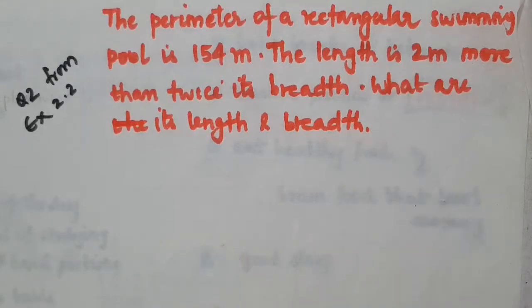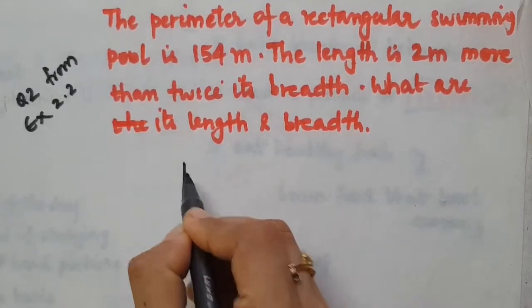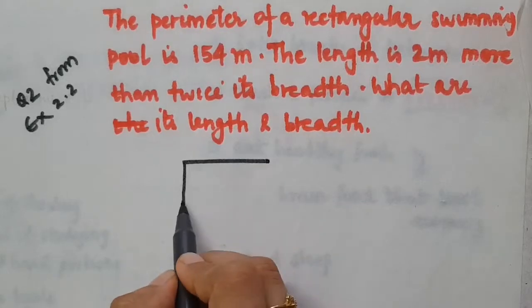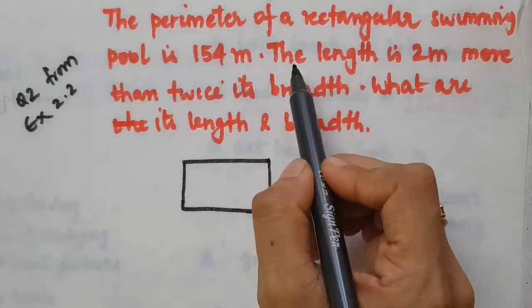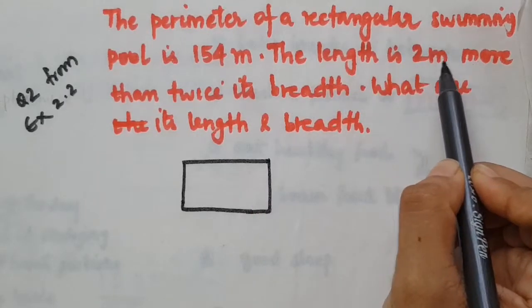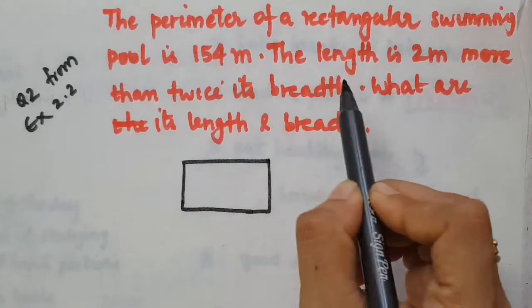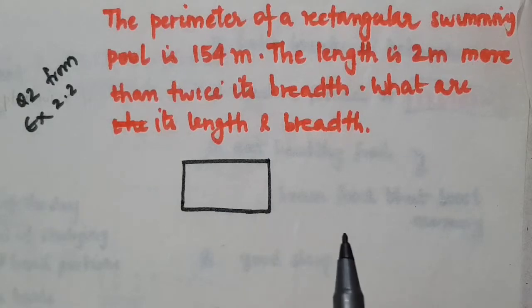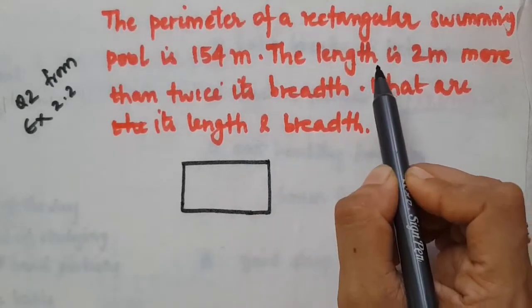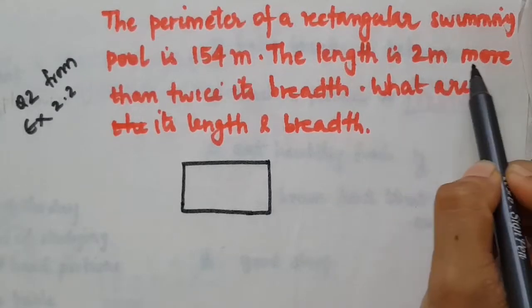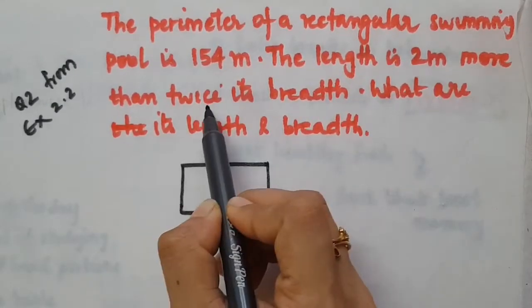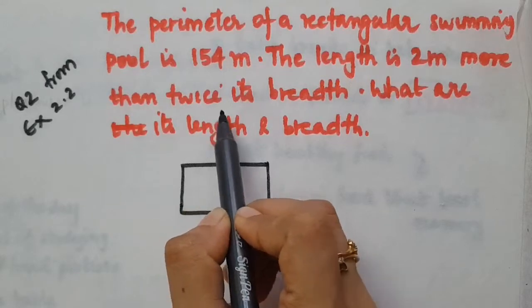Okay, so let's draw a rectangular box and see it. So this is the rectangular swimming pool, they said, and the length is 2 meters more than twice its breadth. Okay, read again. The length is 2 meters more than means 2 meters more, it's plus. Twice means it's 2 times whatever.